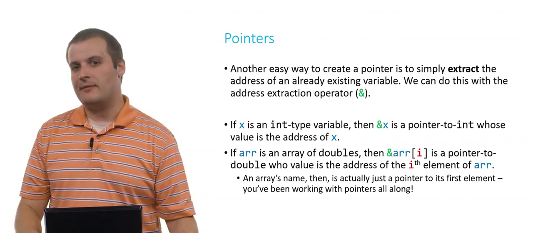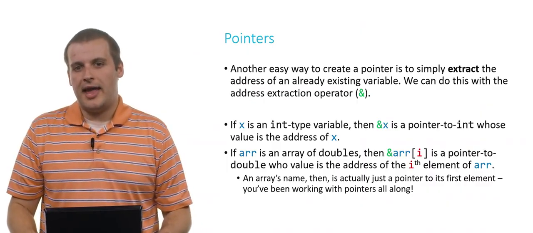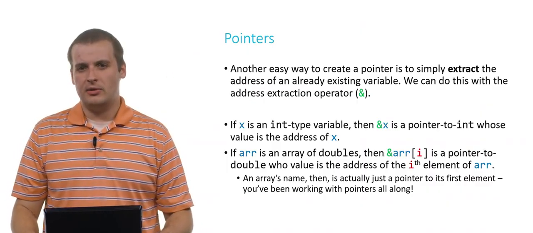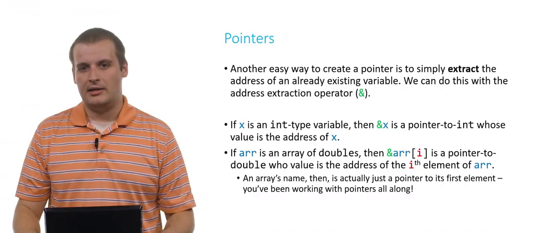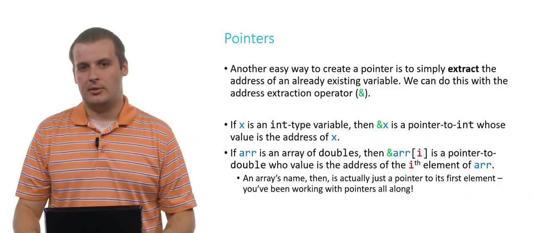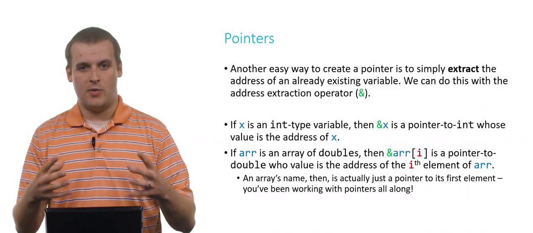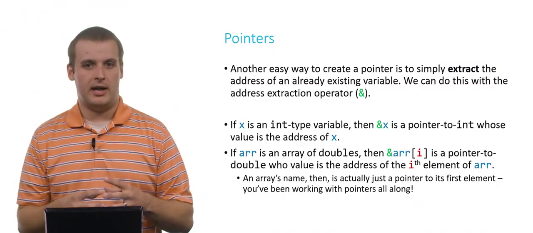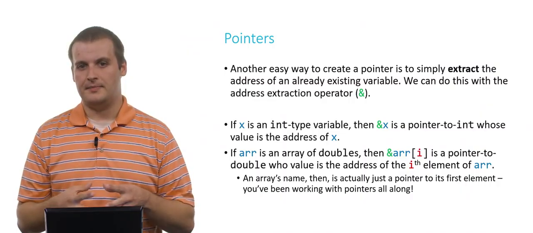Let's take this one step further and connect to something I alluded to in a prior video. If arr is an array of doubles, then &arr[i] is a pointer to a double. arr[i], if arr is an array of doubles, is the ith element of that array.